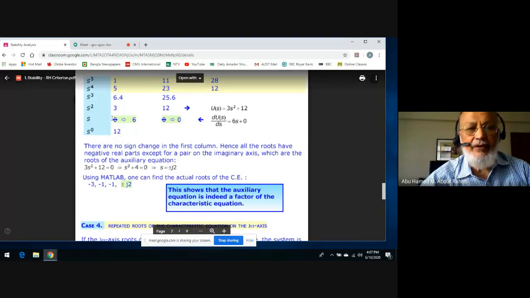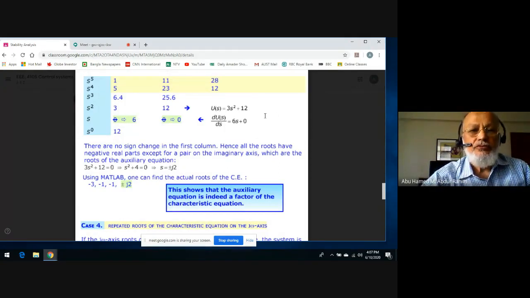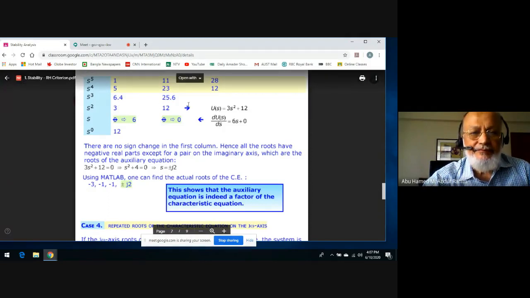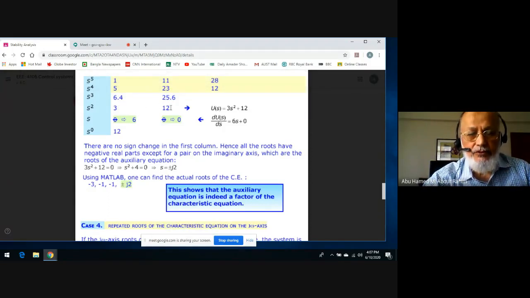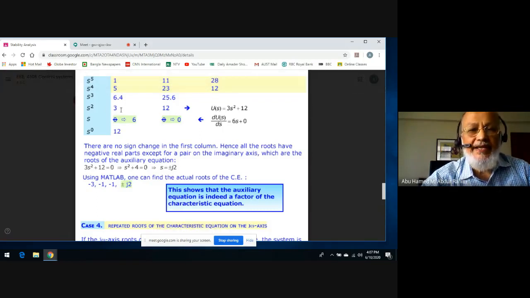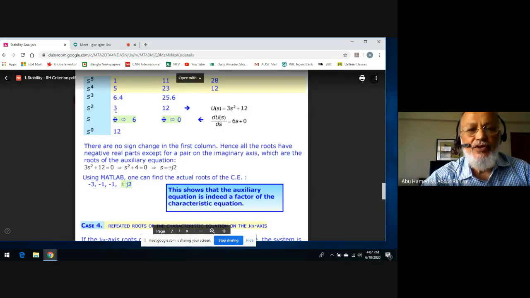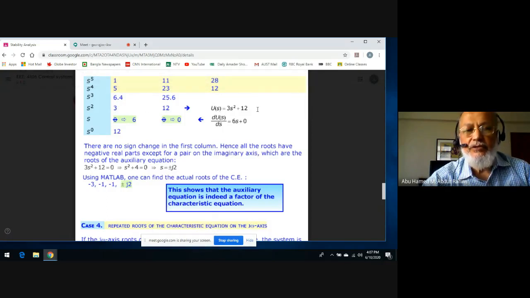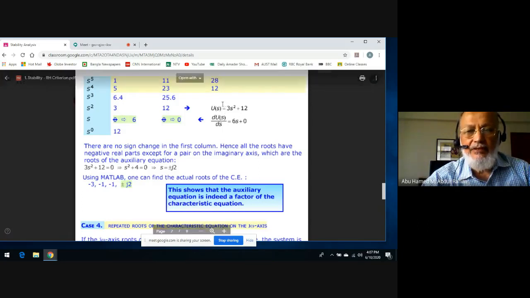If you get a whole row 0, go to the previous row, and form and write the auxiliary equation from the coefficients. 3s square plus 12 equals 0. U of s is the auxiliary equation. U of s is 3s square plus 12.